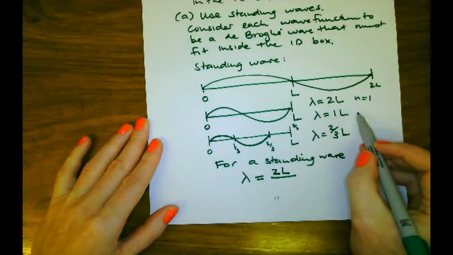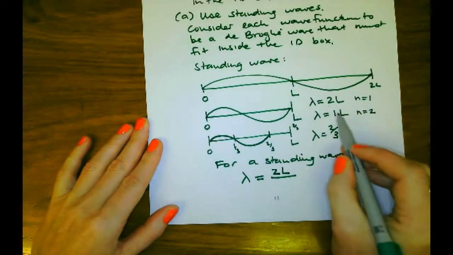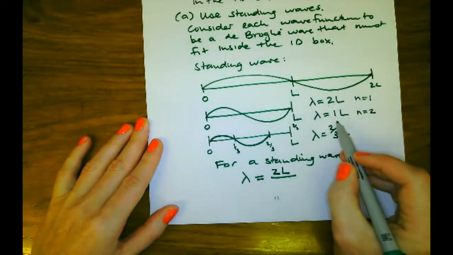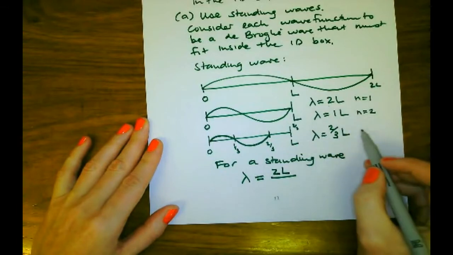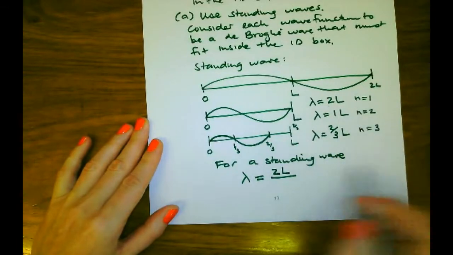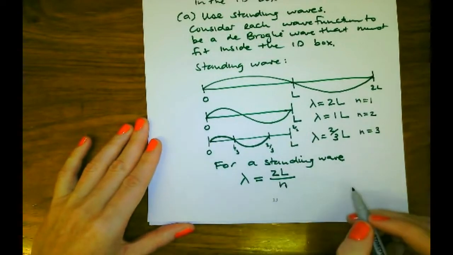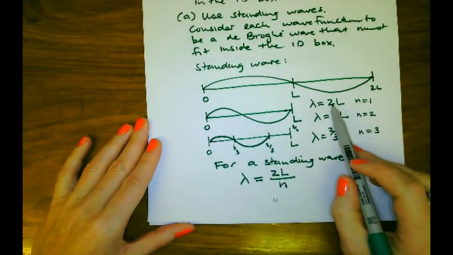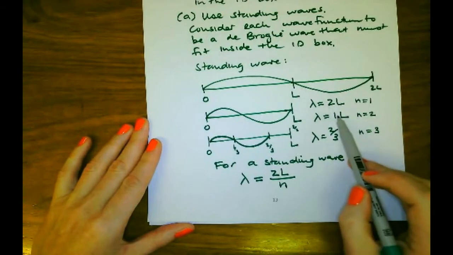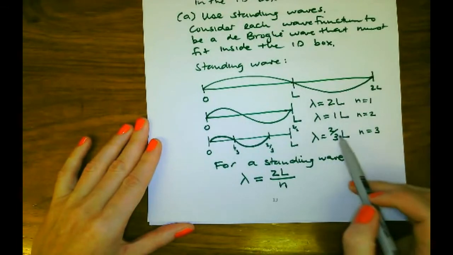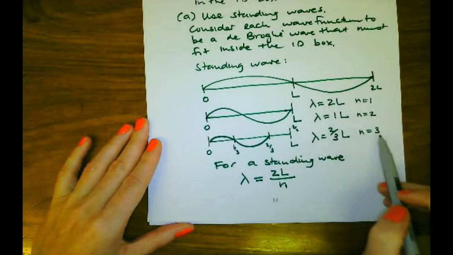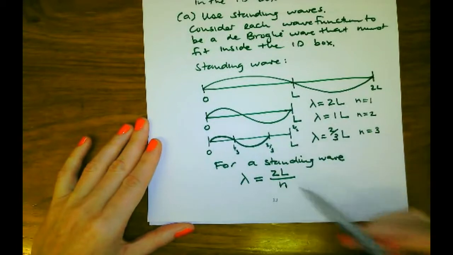In that case, that something is 2, because 2L divided by 2 is 1L. In that case, that something is 3. And let's call that something n. So 2L divided by 1 is 2L, 2L divided by 2 is 1L, and 2L divided by 3 is 2/3 L.